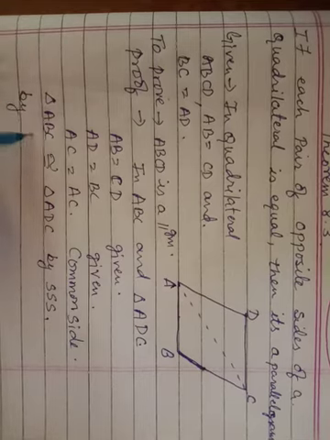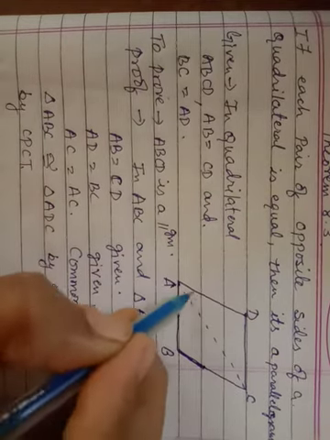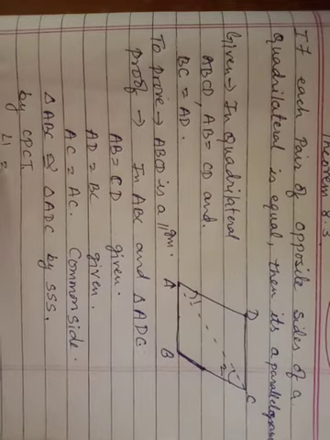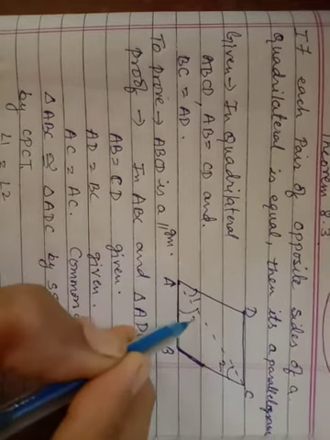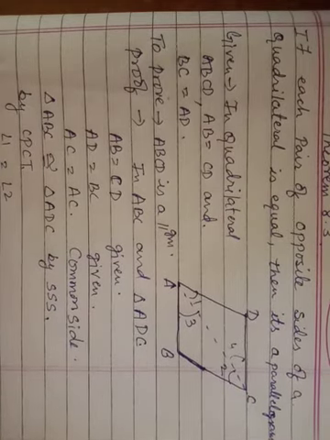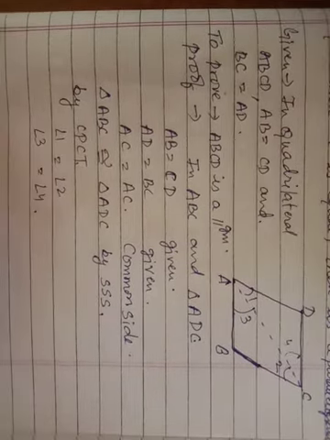By CPCT, we can say that angle 1 is equal to angle 2, and angle 3 is equal to angle 4. This we can say by CPCT.